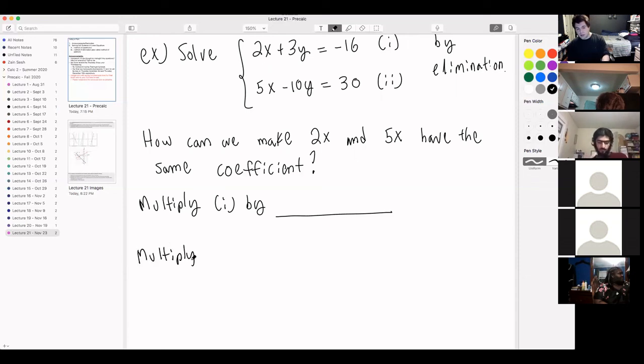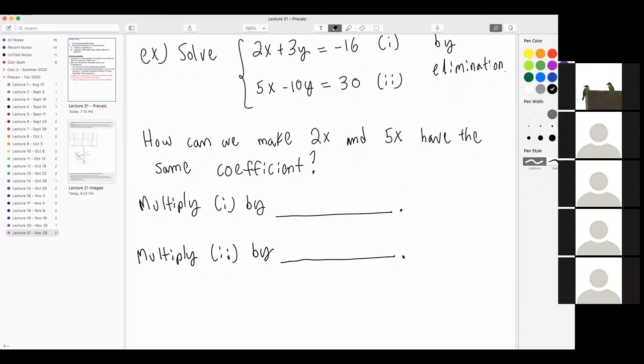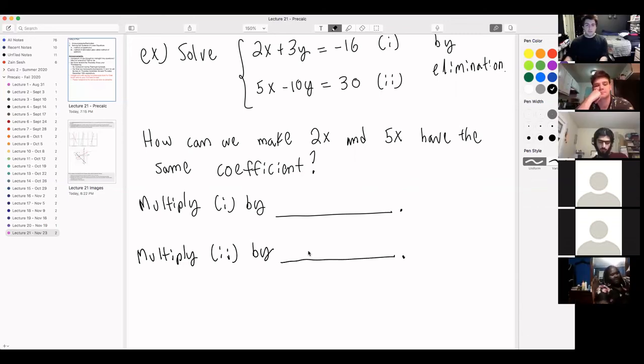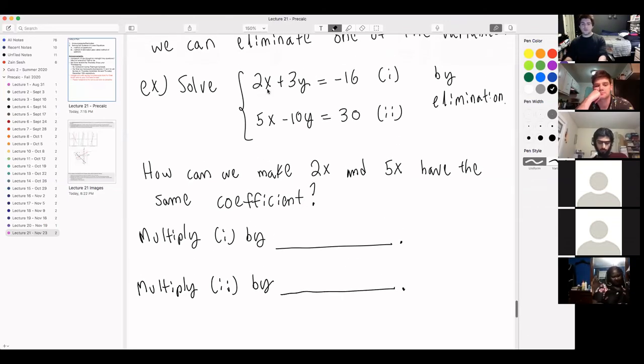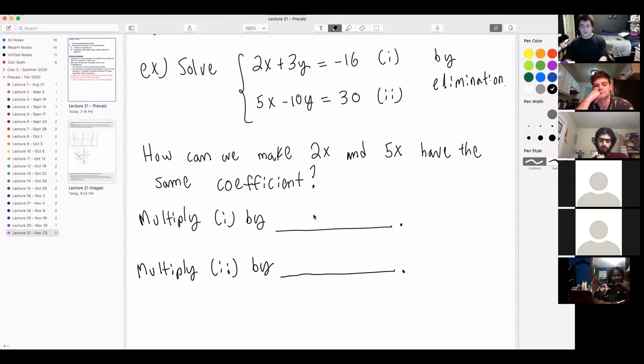Let's give it a few moments to let everyone have a chance to think about this. We want 2x and 5x to have the same coefficient so that when I subtract them, x goes away. These are going to be two different numbers here. All right, so let's just give it a minute.